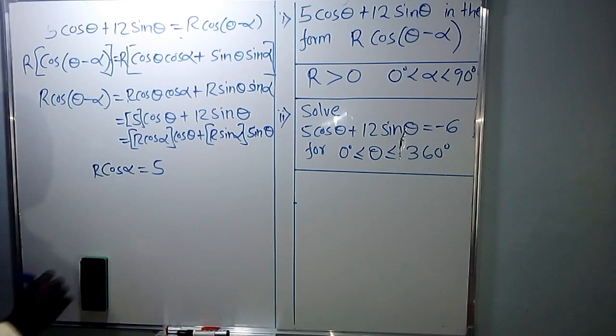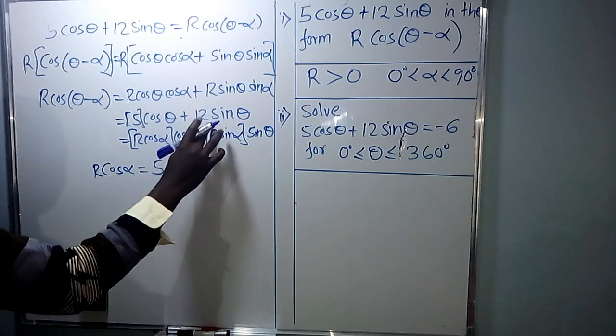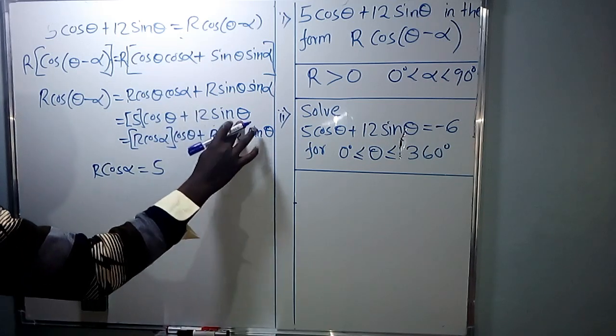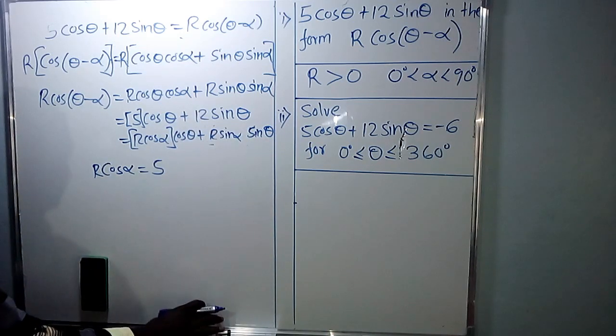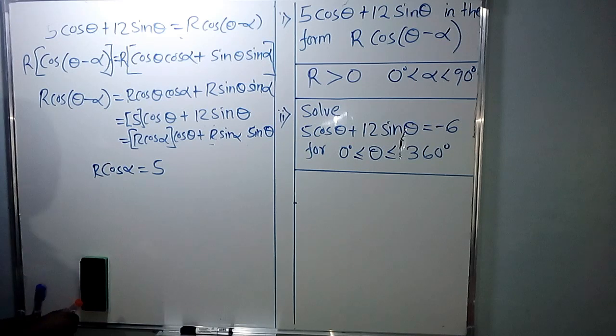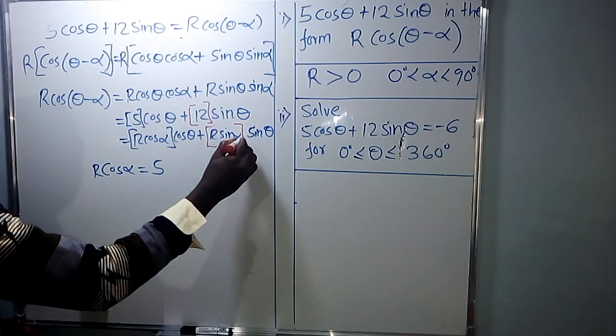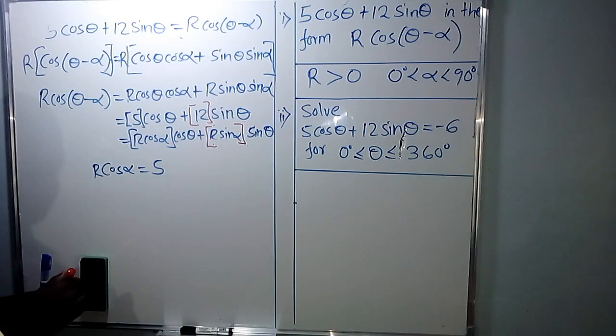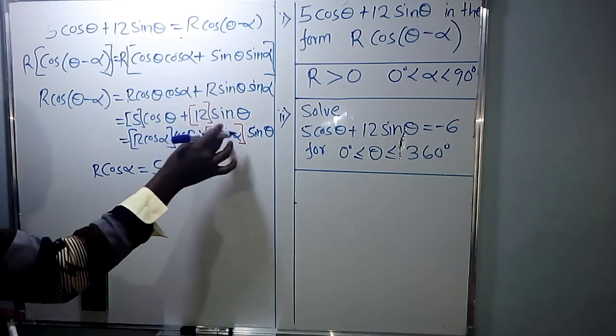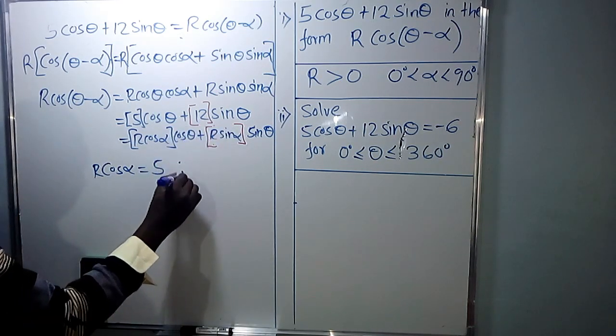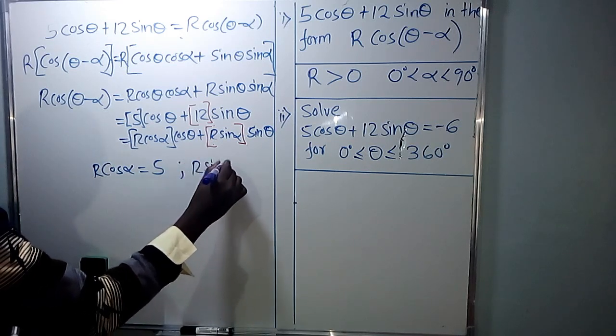You do the same with the second case. r sin alpha is the coefficient of sin theta in this equation, and 12 is the coefficient of sin theta. So you compare the coefficients of sin theta, and we have r sin alpha equals 12, because both of them are the coefficient of the same sin theta.